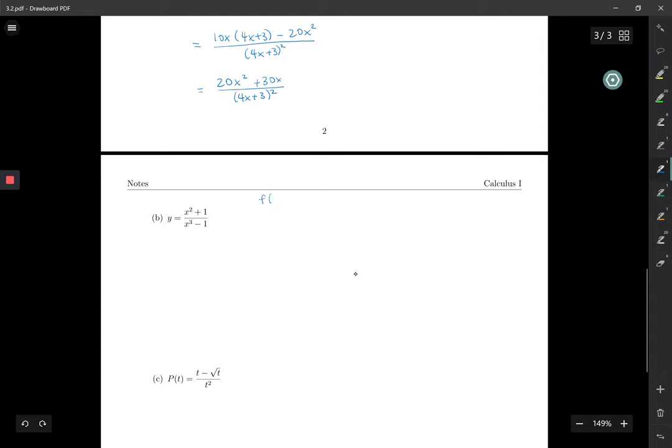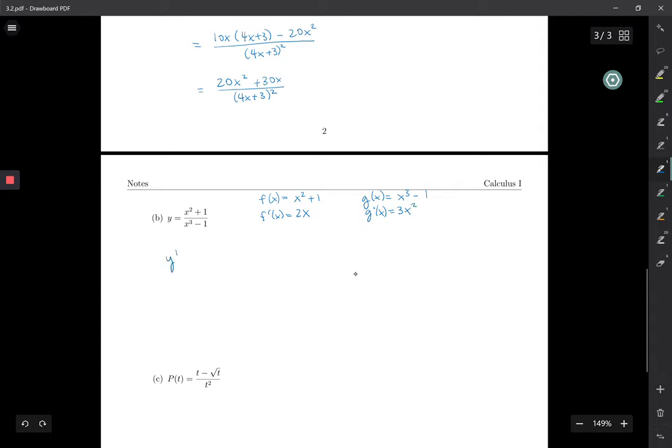So just to go through this example a little bit slower than the first one I did, our numerator function is x squared plus 1. The denominator, which we'll call g, is x cubed minus 1. And then we can go ahead and take those derivatives now. That's 2x, and then g prime is 3x squared, right?